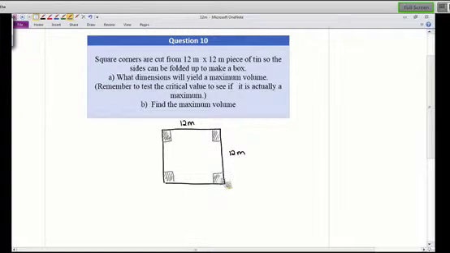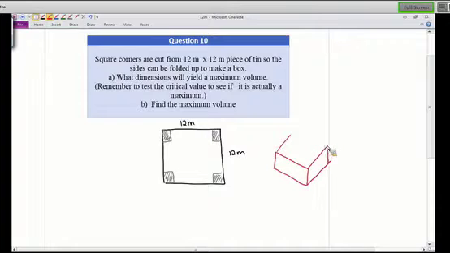And what we want to do when we cut out the corners is fold this up and create a box. So our box will look something like this. I'm going to do my best to draw this out. So our tin, 12 meters by 12 meters, our corners are going to get cut so that we can form a box.